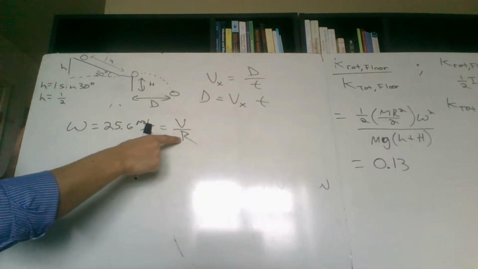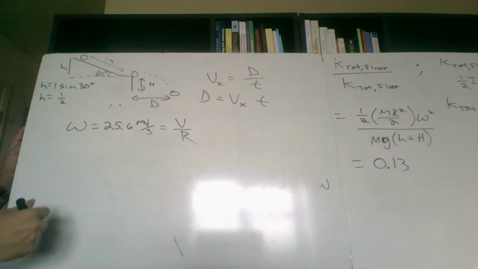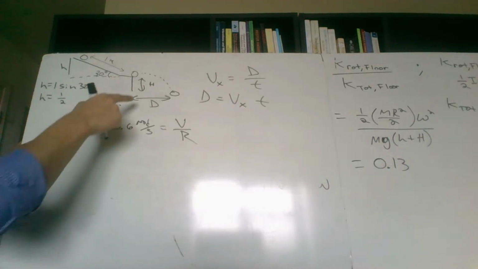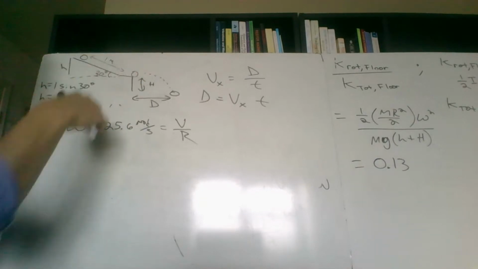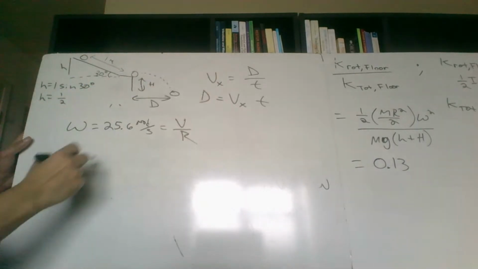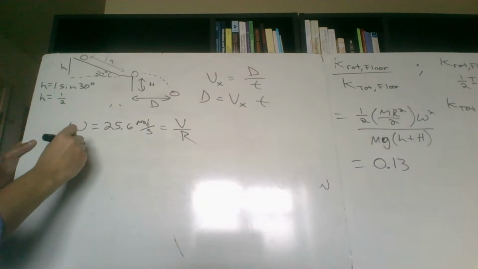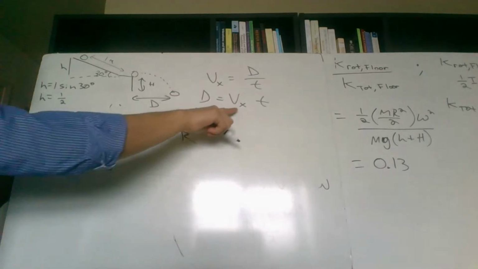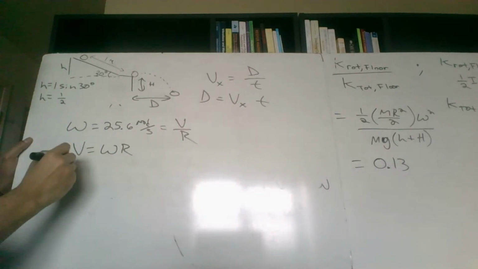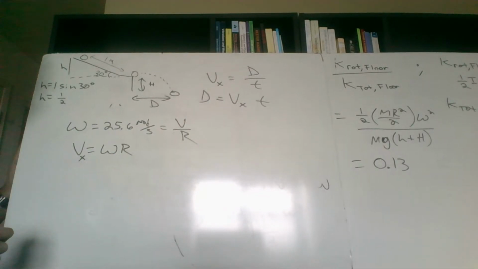And so you just multiply r by omega, and you'll get the velocity in the x direction, because at this point right here, it's not moving up or down, it's only moving in the x direction. And so velocity is equal to omega times r. So we've got our velocity term. It's v_x is equal to omega times r.